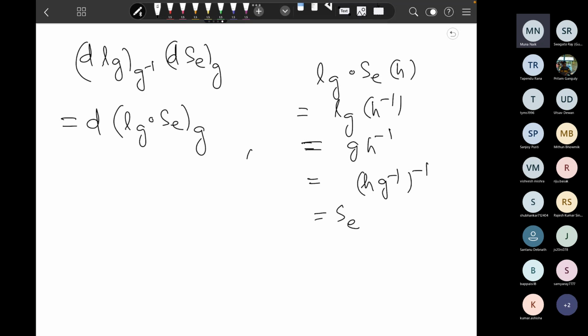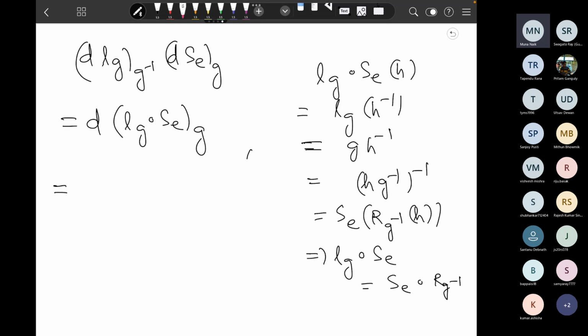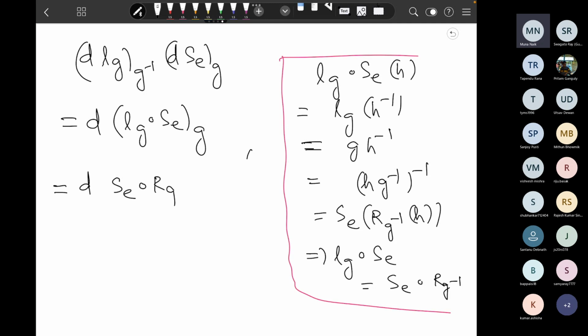So this is S_e and this is R_{g inverse} composed with h. So this implies L_g composed with S_e is S_e composed with R_{g inverse}. So this is really d of L_g composed with S_e composed with R_{g inverse} at g.